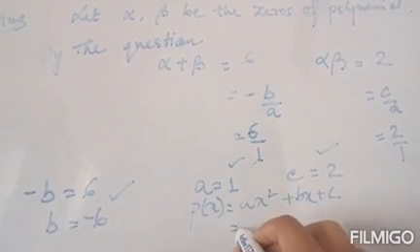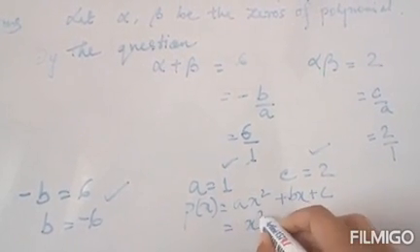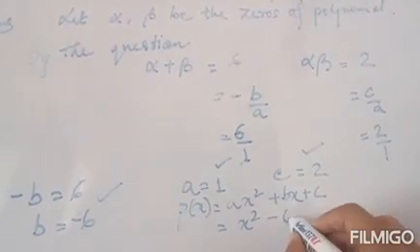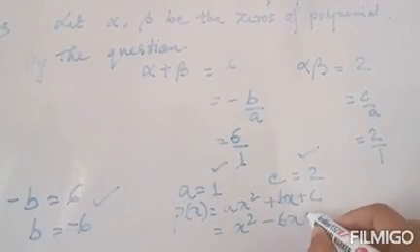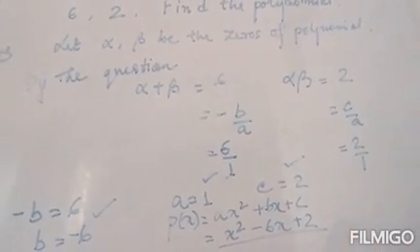Instead of a, b, c, we will replace the values. A is 1, so 1 into x square is x square. B will be minus 6, and c will be 2. So this is my polynomial.